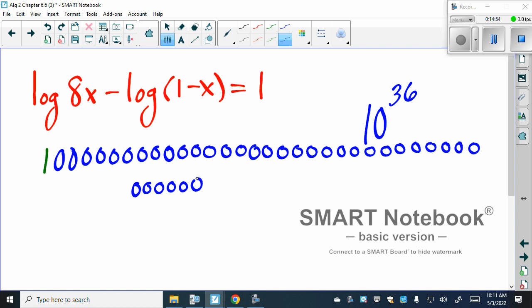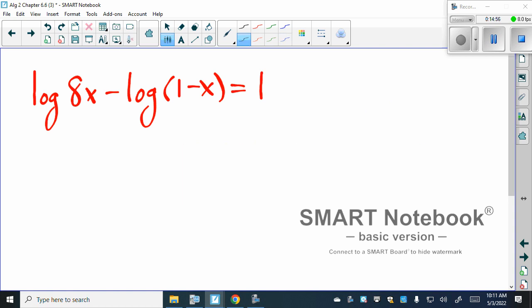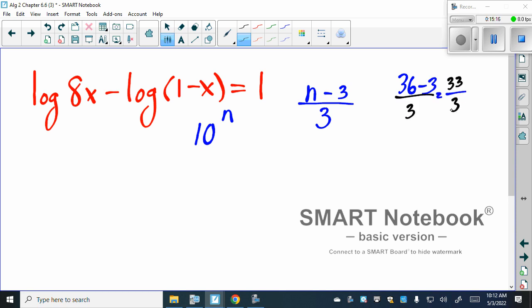If you want to figure it out, because this probably surprises nobody, for any 10 to the n, we can take whatever that power is, subtract 3, and divide by 3. So 36 minus 3 over 3. Well, 36 minus 3 is 33, divided by 3 is 11.